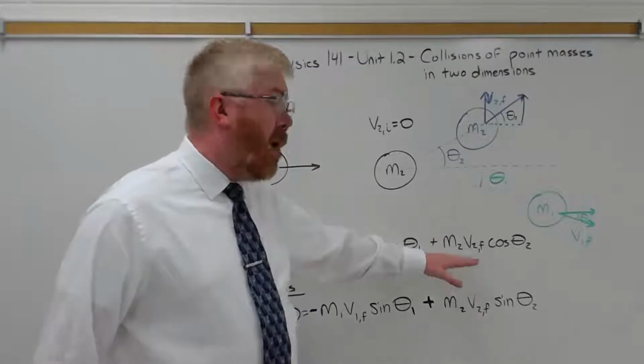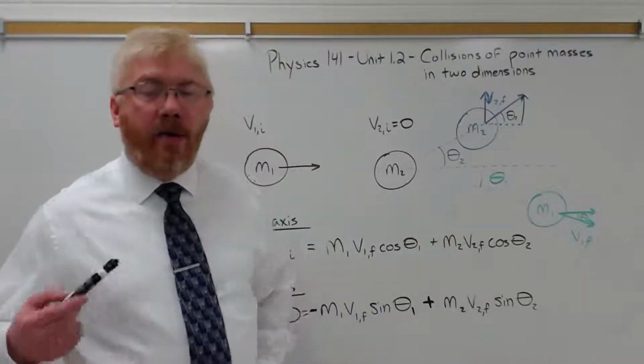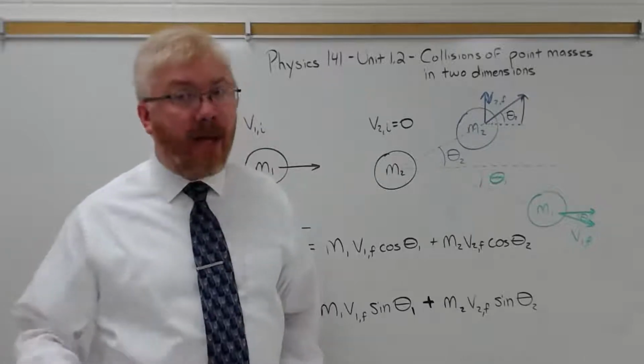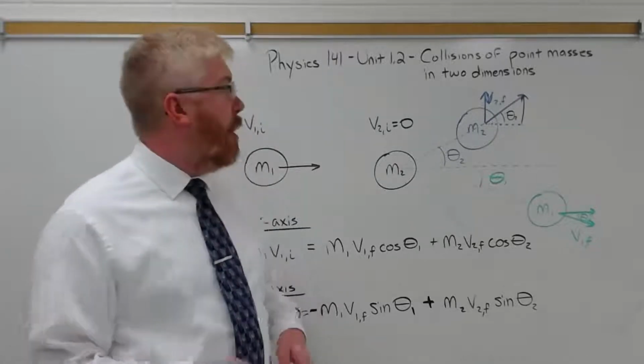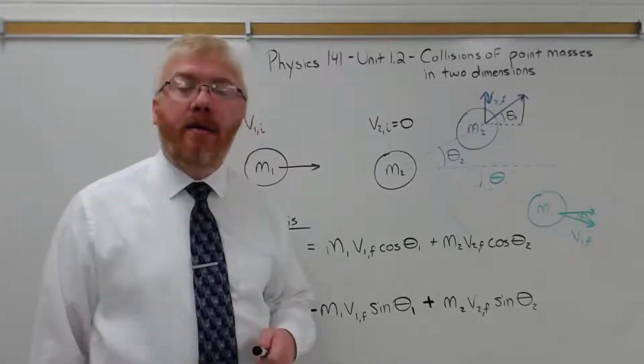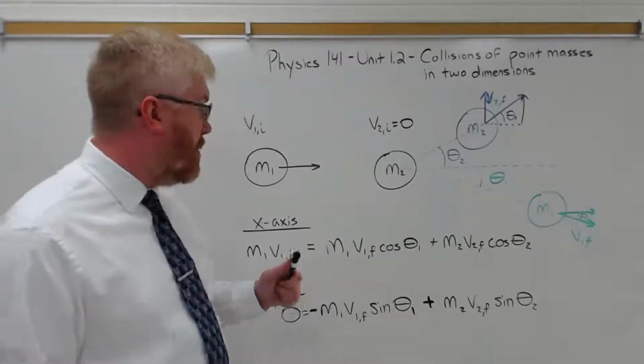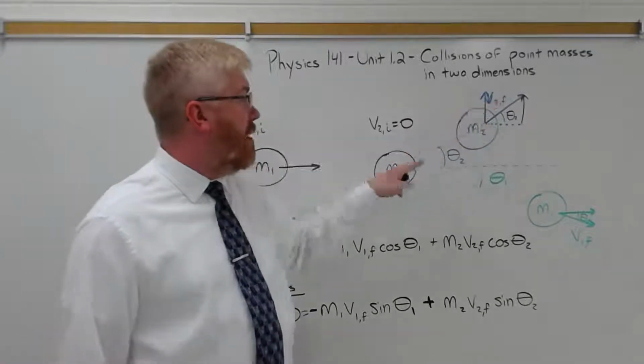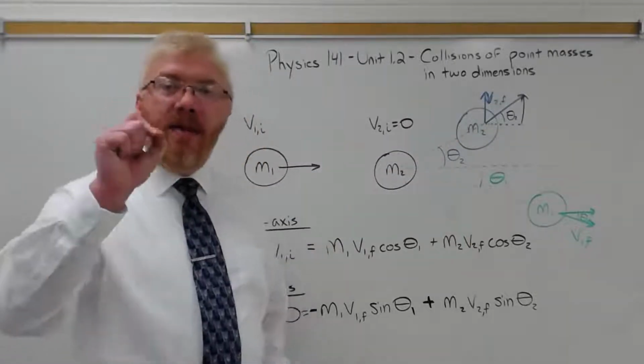You can only use one kinetic energy equation. You do not want to break the kinetic energy up into components because it's a scalar, it is not a vector. Now, one additional change is your book for these equations. I have v1 initial and v2 final, v1 final. I use final and initial.